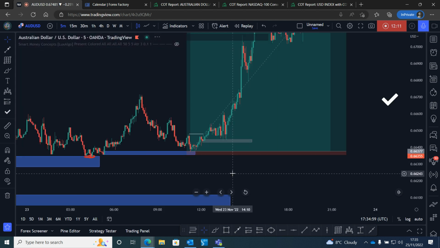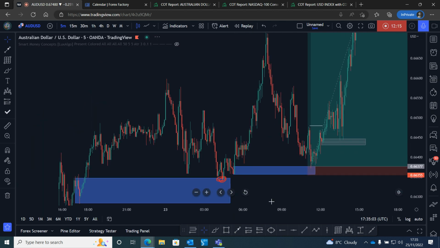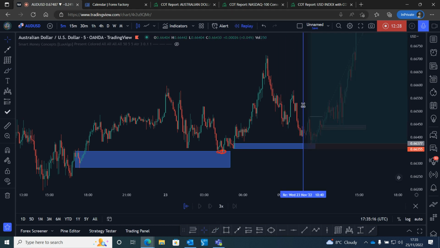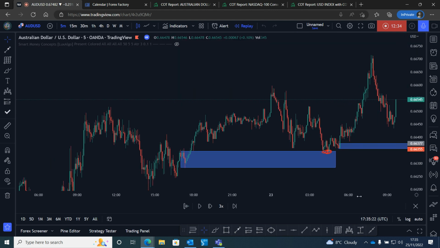However, I need to find a more clear order block, which is why I went on a 5 minute time frame, because now I know once the news came out. As we can see here, once the news came out, guess what happened?